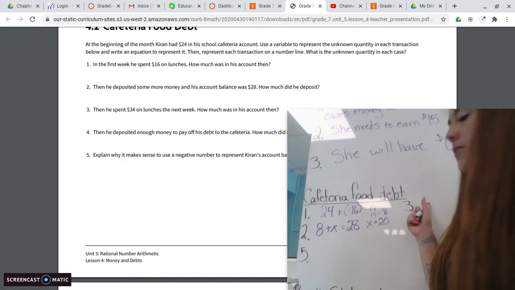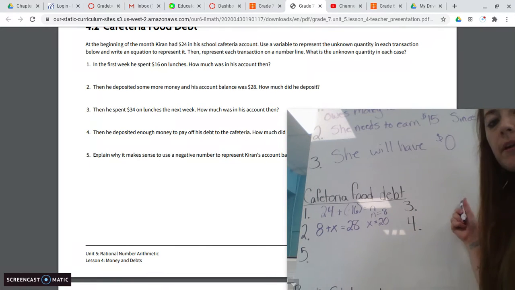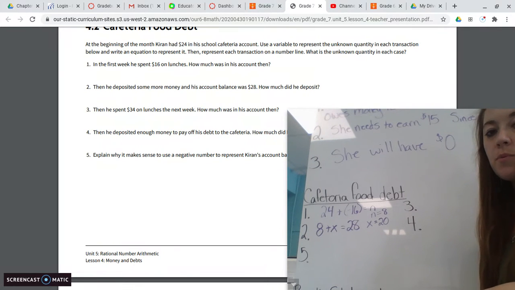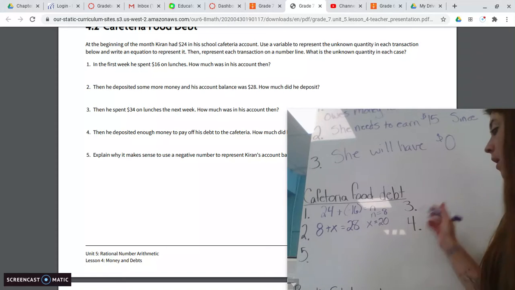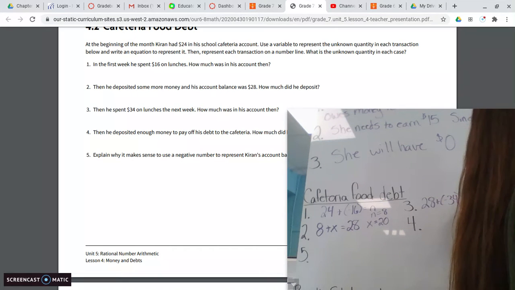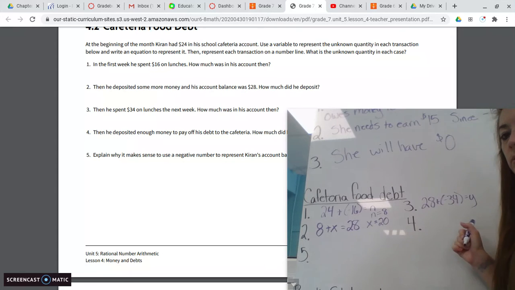All right, number 3. For number 3, then he spent $34 on lunches the next week. How much was in his account then? So we know he's got $28 right now. He just spent $34, and that's going to equal some new value, which I'm putting as y.